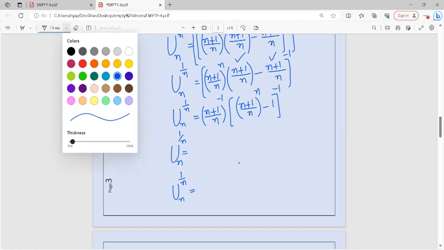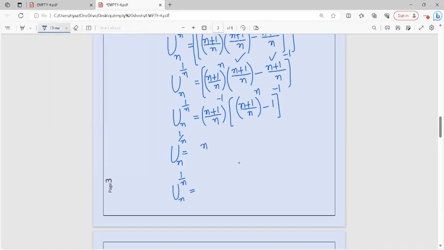Here only we take n common. n common means n common: (1 + 1/n) whole to the power of minus 1. Here also whole to the power of minus 1. Similarly, same story here also.